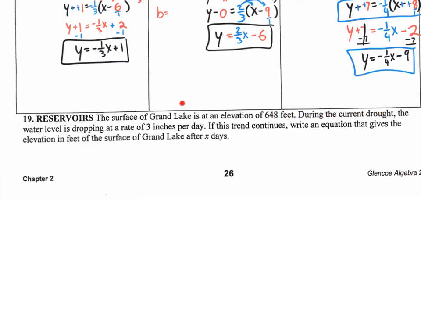During the current drought, the water level is dropping at a rate of 3 inches per day. If this trend continues, write an equation that gives the elevation in feet of the surface of Grand Lake after x days. Okay, so x is going to be days. So we want y equals mx plus b.